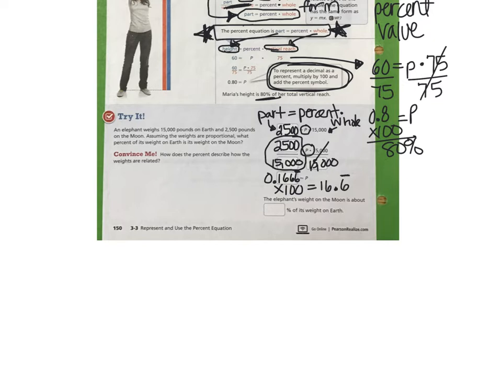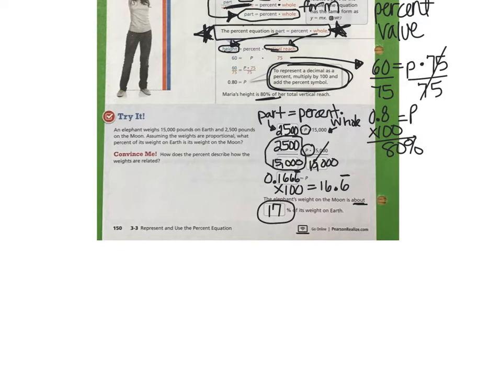And you still get a repeating decimal, but this time you at least have digits in front of the decimal point. Now, we are going to round this because they do say about how much, what percent is that elephant's weight on the moon. So we would round this to about 17%. In the convince me for this try it question, it asks us, how does the percent describe how the weights are related?